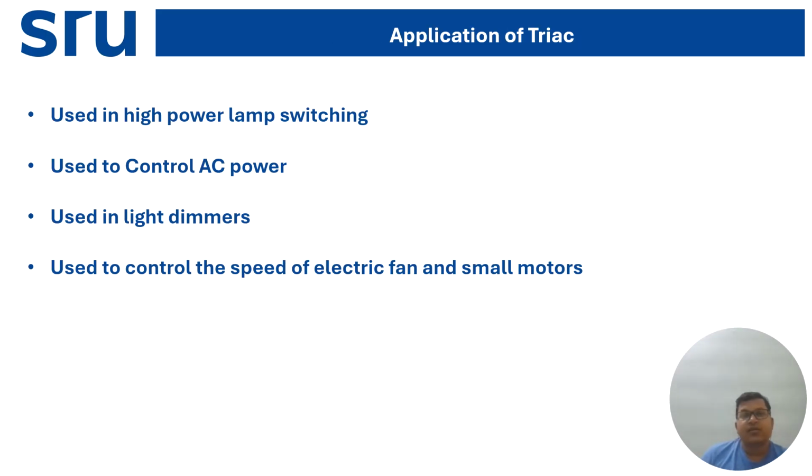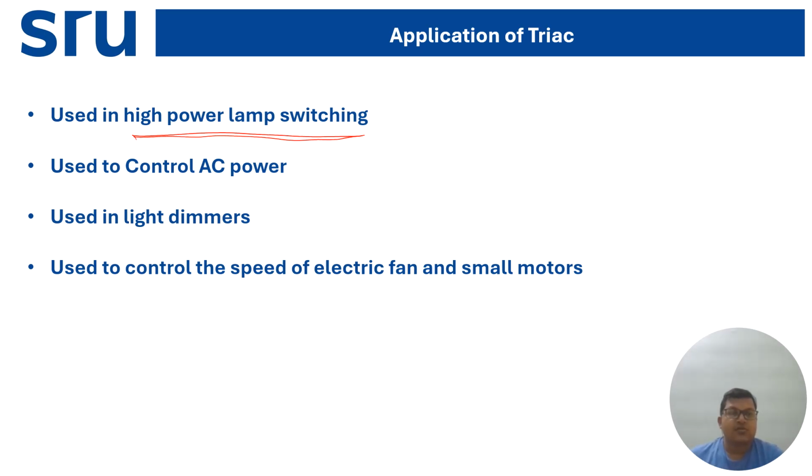Now we will see the applications of TRIAC. It is used in high power lamp switching. All these things are basically for high power. This DIAC, TRIAC, all these are useful for high power applications.